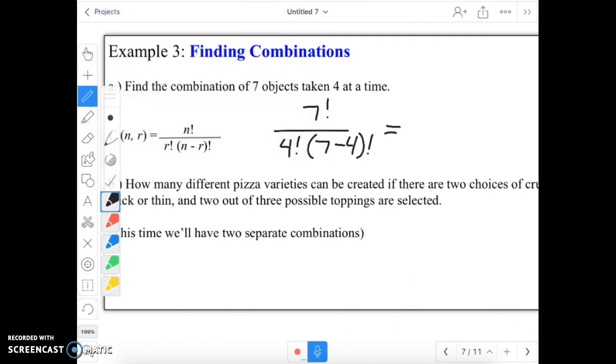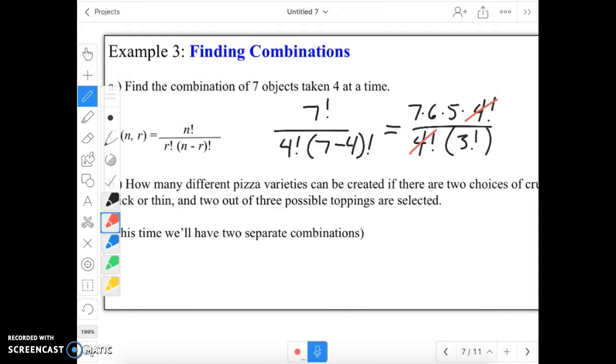So we have 7 times 6 times 5 times 4 factorial, and that 4 factorial will cancel out with that one. So I'm going to have 30 times 7. 7 times 3 is 21, so 30 times 7 would be 210.